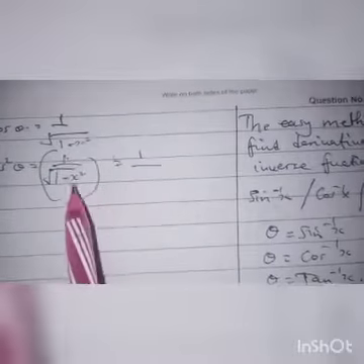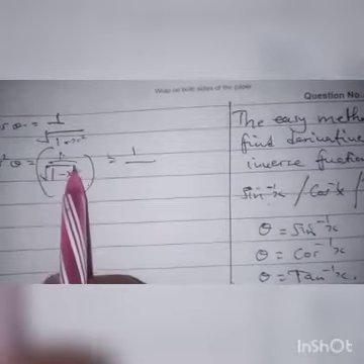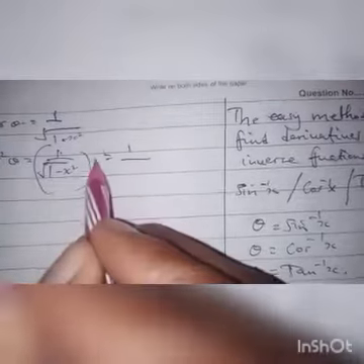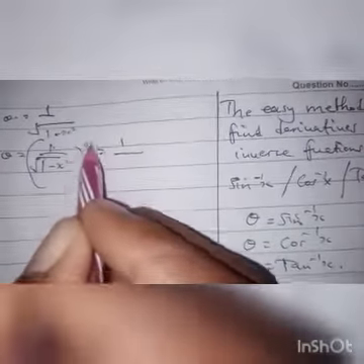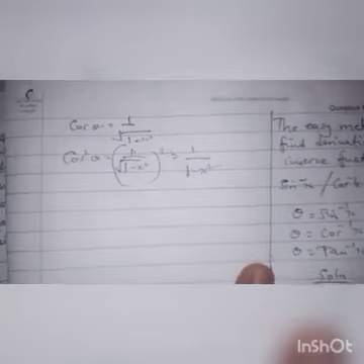Squaring 1, we get 1. Squaring this one, we cancel the square with the square root and remain with 1 plus x squared. So that one is cos squared theta.